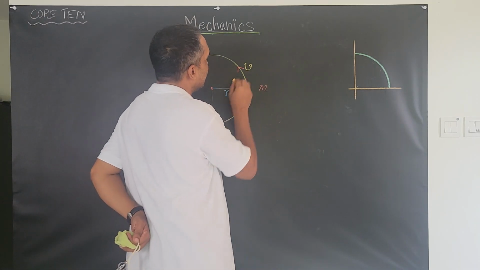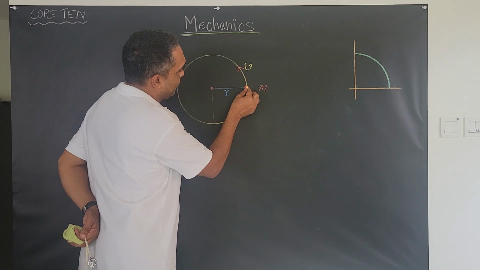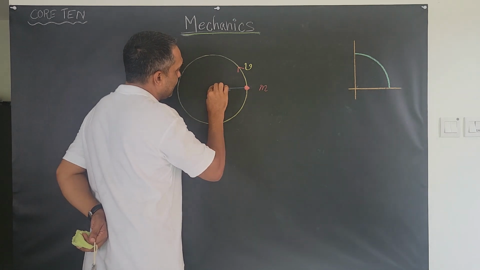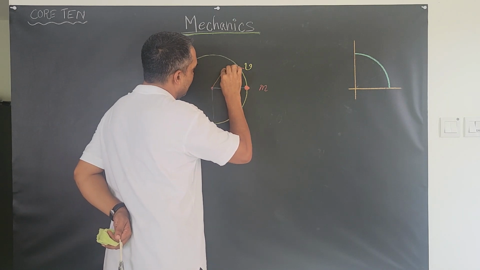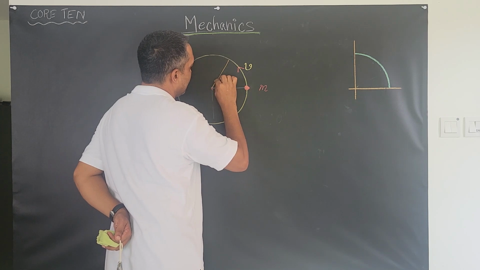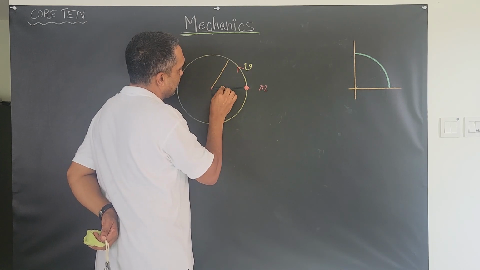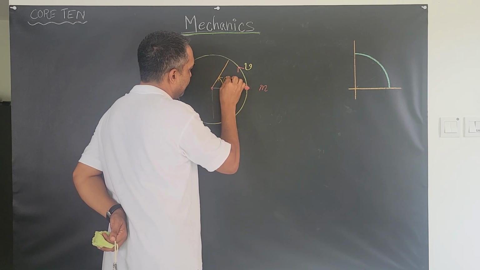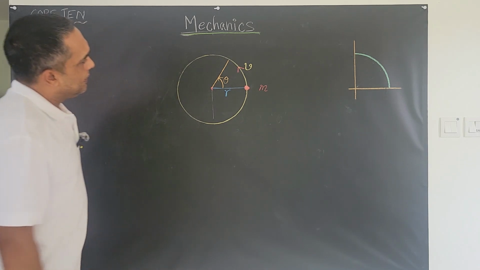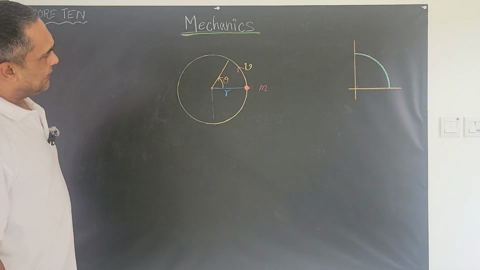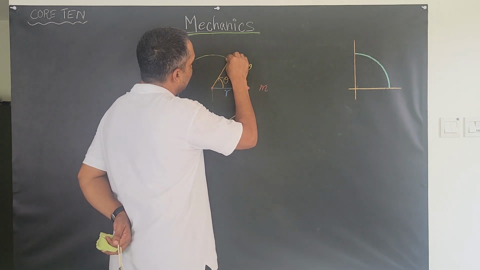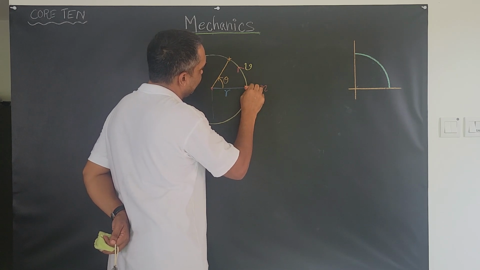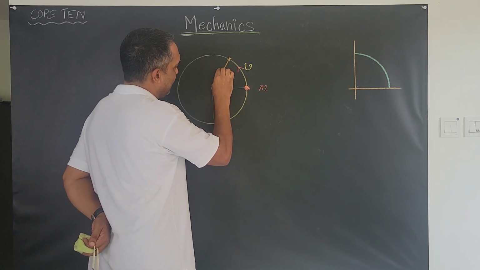So first, if an object moves along a circular arc, I will just define a line here and an angle theta, okay? I'm going to define that, and if I just have these little X marks here, I know this is r as well.